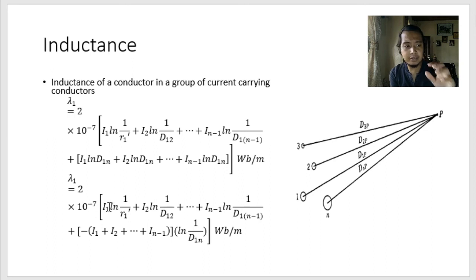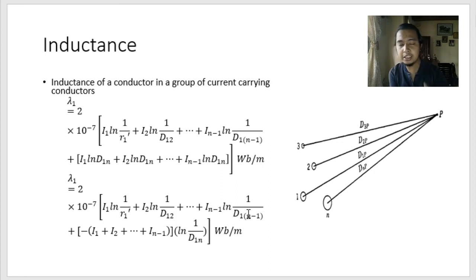And then you have this I1 ln plus I2 ln and so on, I N minus 1 ln up to IN ln. But the good thing here is, if you notice, all of the numerators are now 1. All of the denominators are just distances. R1 prime, which is basically R1 e raised to negative 1/4. D12, the distance between 1 and 2.